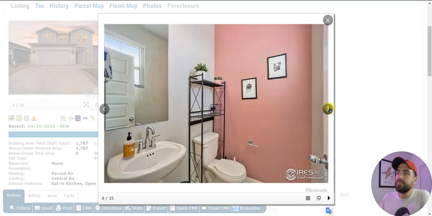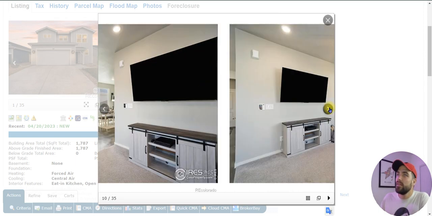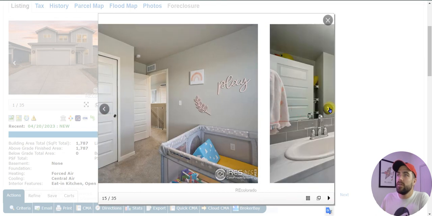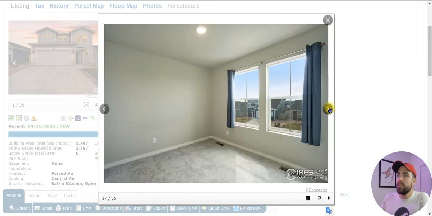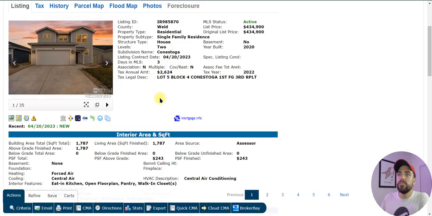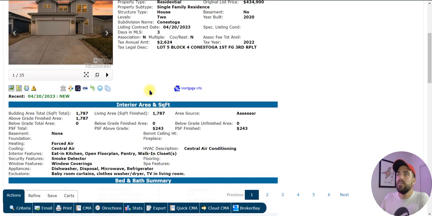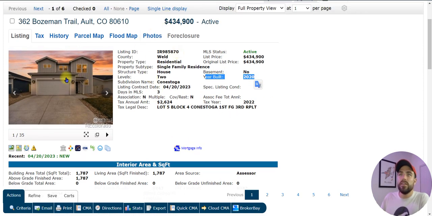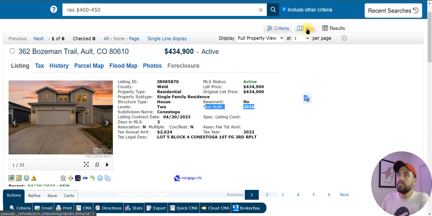Okay, so looking at this, they're pretty updated throughout the house. It's just a newer home, I believe. So theirs was built in, where is it? Oh, year built 2020, so only 3 years old. And then I know yours is a bit more than that.